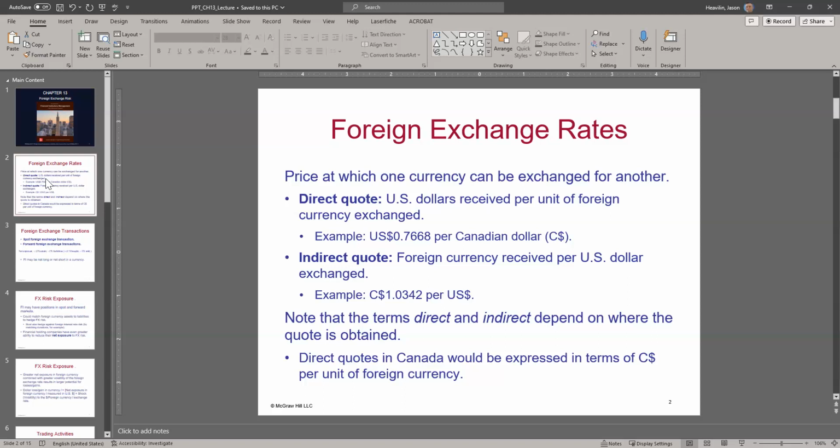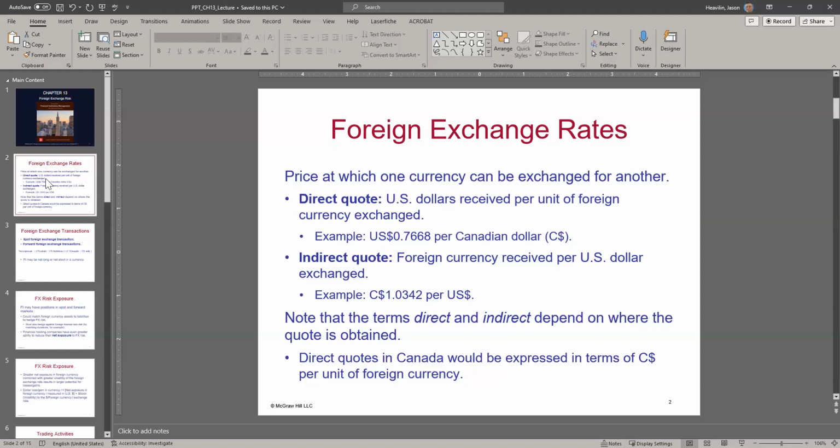And then the indirect quote is just the opposite, the foreign currency received per US dollar exchanged. In this case, they're using Canada and the United States as an example. And that's why the bottom part of the slide is giving you that note that the terms direct and indirect depend on where the quote is obtained. So it doesn't have to be United States. It just means domestic received per unit of foreign.